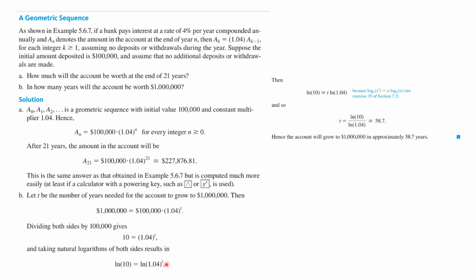But there's a property of logarithms that says that t can come down in front. And so you can solve by dividing both sides by ln of 1.04, and you get that it will be approximately 58.7 years, or almost 59 years, before you would reach $1 million if you could make that deposit.